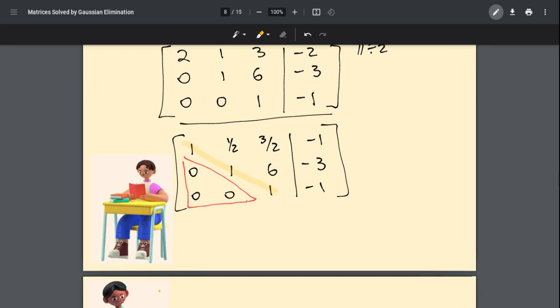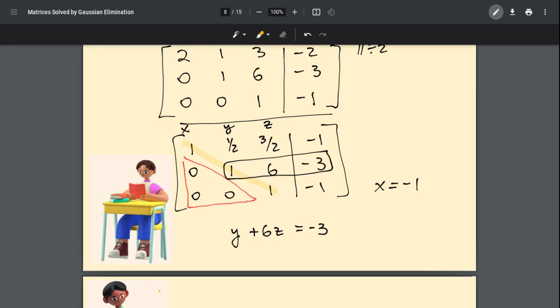We already know x is -1. We showed that before. We just plugged it in. Now into the second one. So right here, I'm going to go into the second one and see what that represents. As you know, in the middle you have y, and on the right you have z. So I have, considering this situation, 1y plus 6z equals -3.